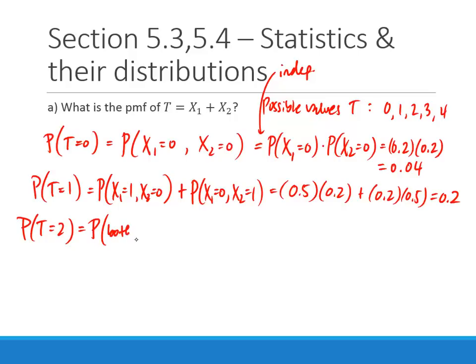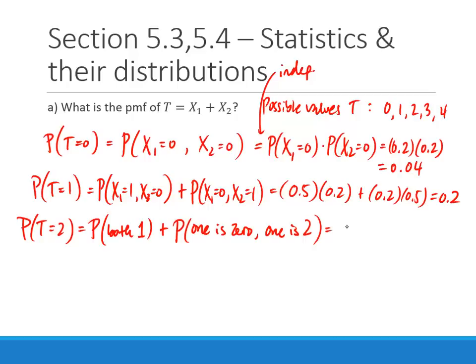They're both 1, or one is 0 and the other is 2. And I think that's the only way that we can get a sum of 2.